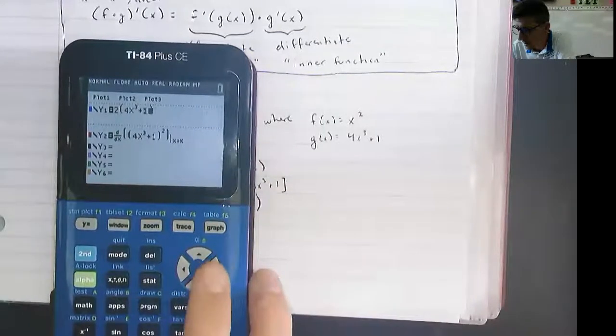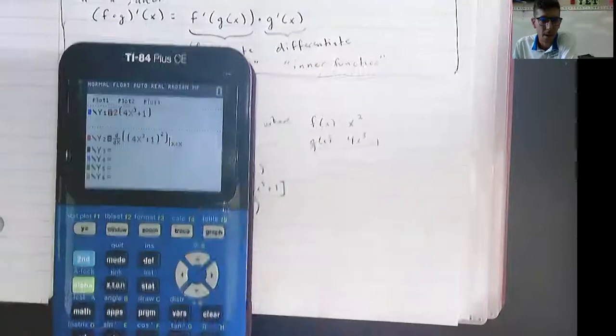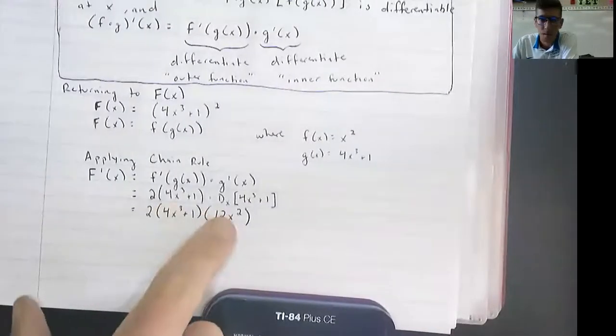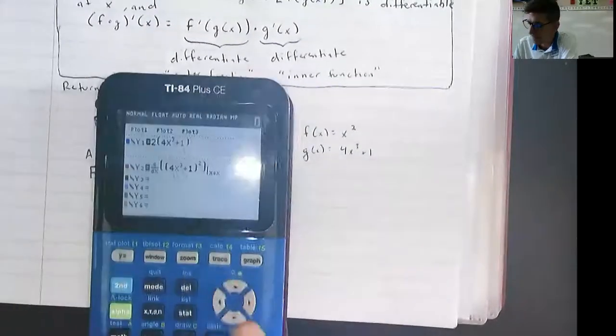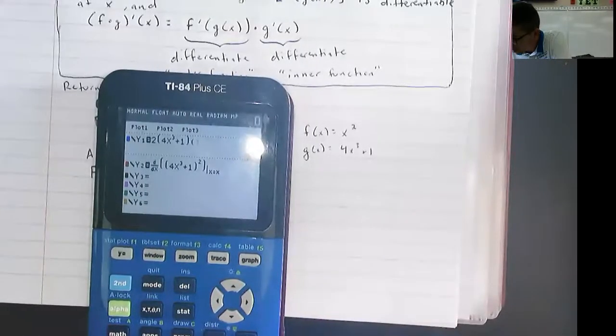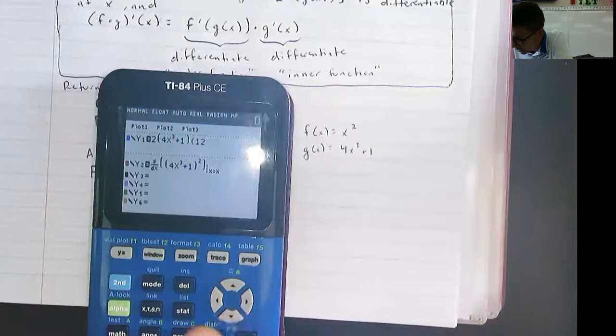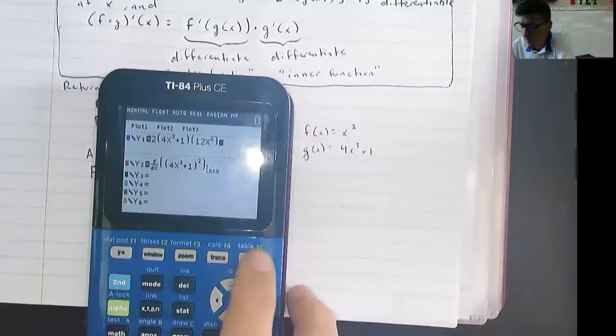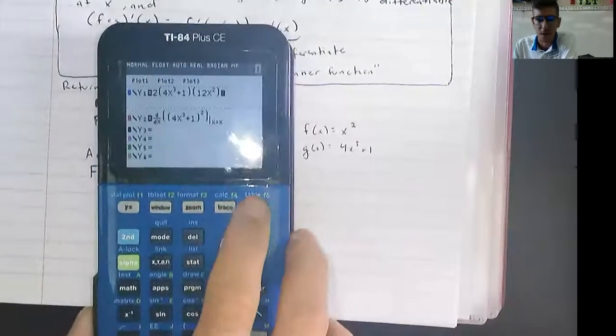This is just the derivative of the outer guy, but now we know we need to add in the derivative of the inner guy, so times 12x squared. We'll press graph and see if the magic happens.